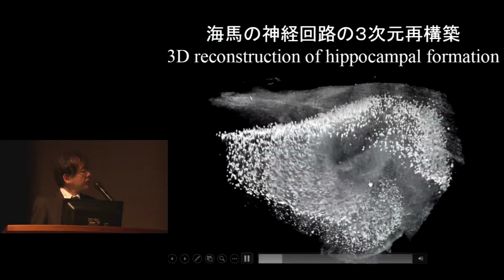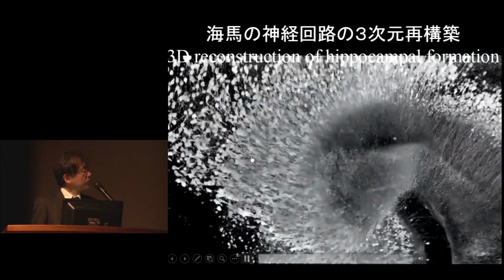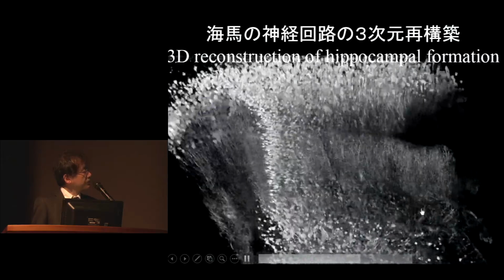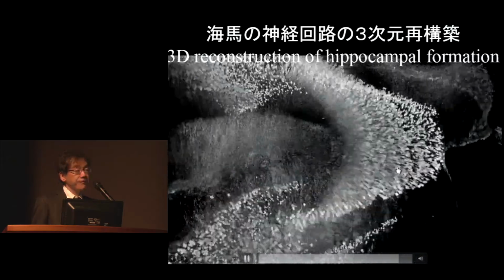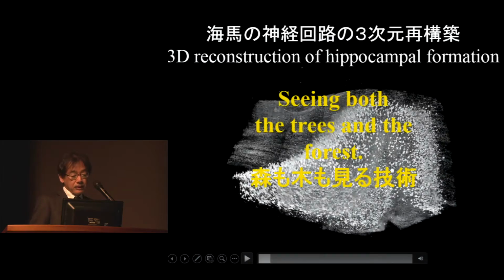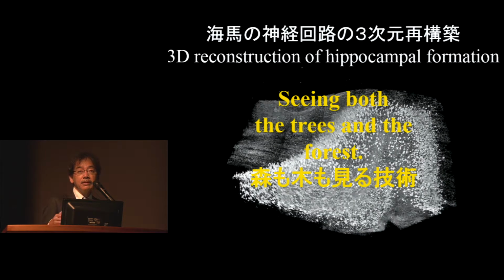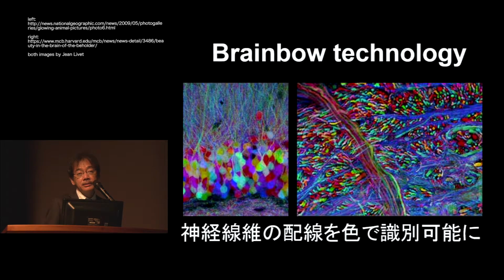And in this experiment, we appreciate a very complex hippocampal formation from different angles. Okay. And I think these tissue clarification technologies should be well combined with, for instance, Brainbow technology, which can cause individual neurons to fluoresce in totally 90 distinct colors.